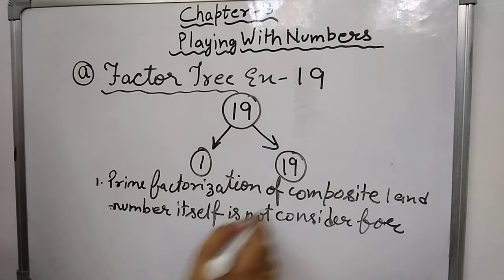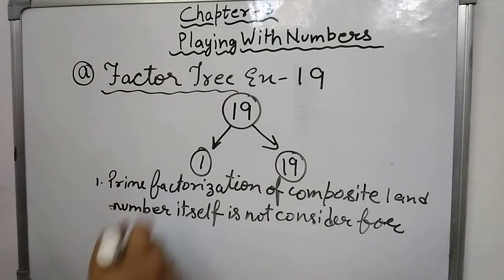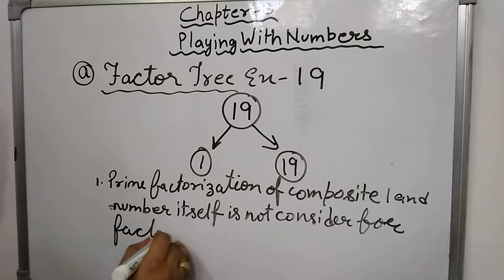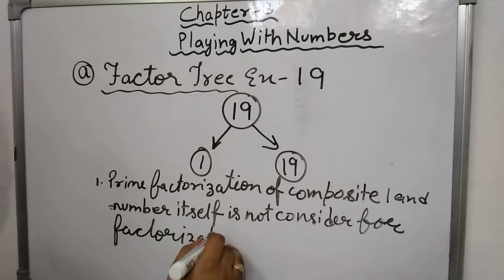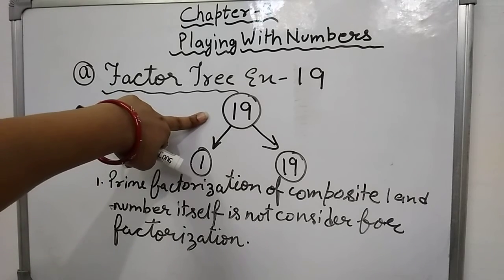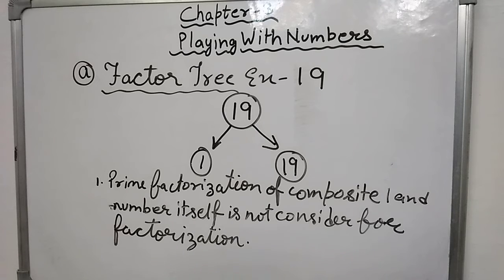While I prepared the tree of the composite number 84, I did not take 1 and the number itself as factors of it. So this is a rule of prime factorization. In the prime factorization of any composite number, we do not take into consideration number 1 and the number itself as a factor. But on making the factor tree of any prime number, we will write 1 and the number itself. This is the only way to make a factor tree of a prime number.